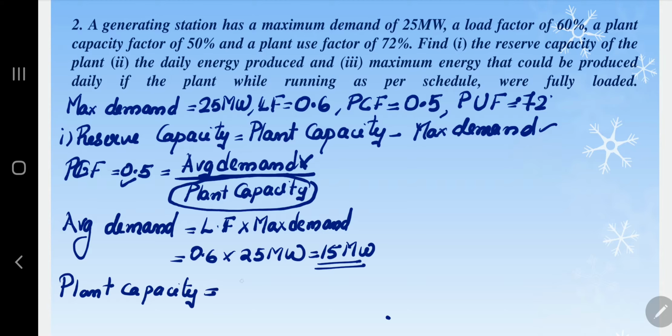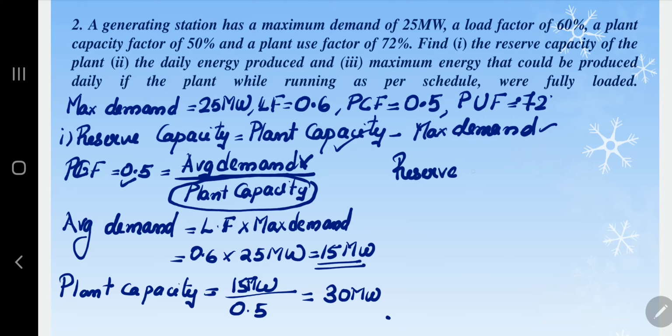So your answer becomes average demand value 15 megawatt, divided by, what is PCF? It is 0.5. From this, you can find the answer as 30 megawatt. Now we obtained the plant capacity value, and now we can find out the reserve capacity.